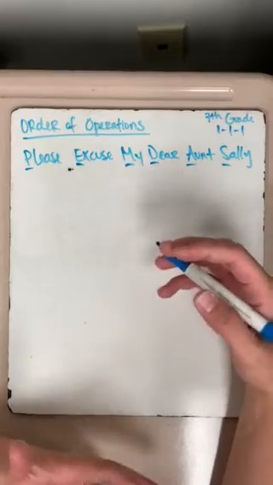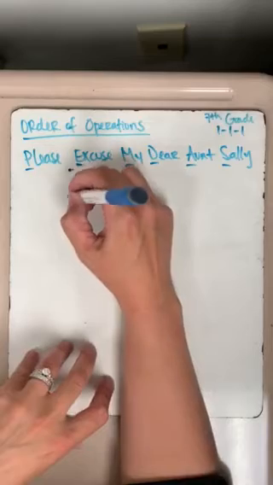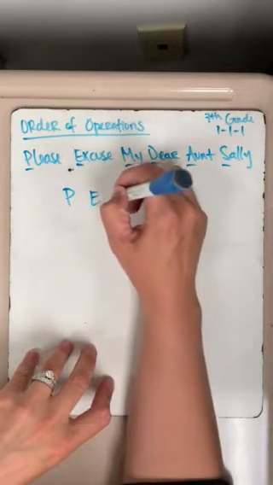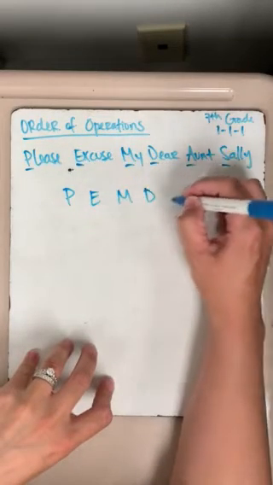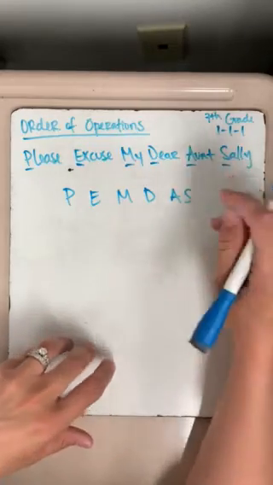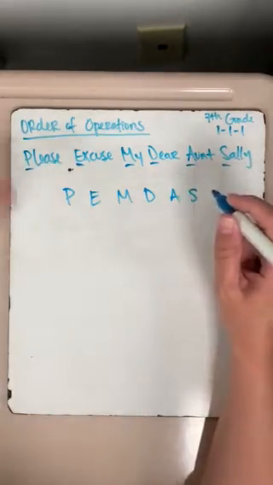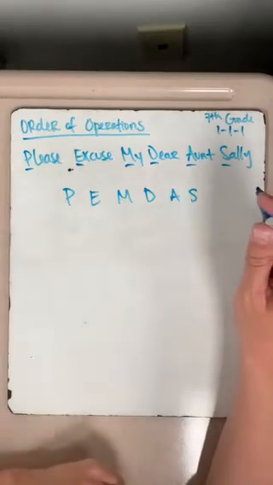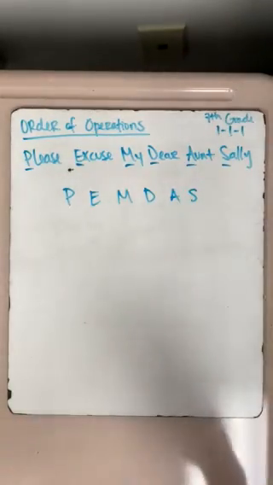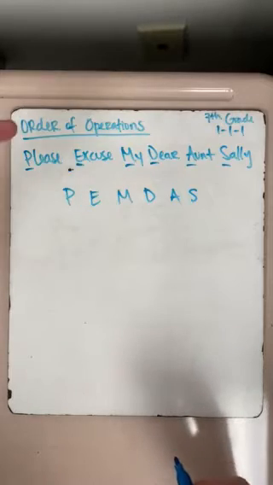And then other people just condense it to just those letters and they call it PEMDAS. So, whichever one you prefer, but you'll probably want to know them both. So please excuse my dear Aunt Sally and PEMDAS, both of those have to do with order of operations.